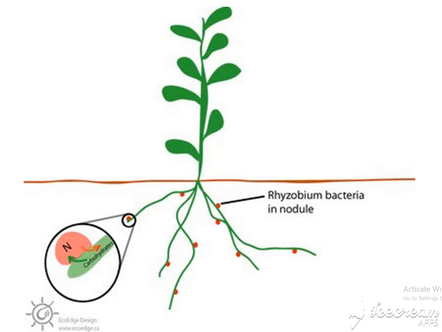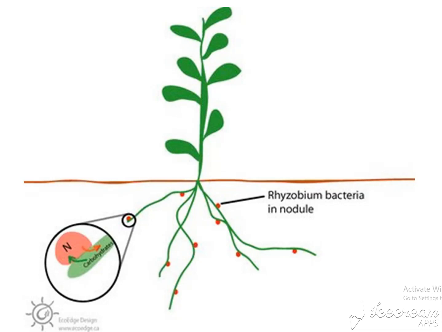That will be used by the plants. So the nitrates are taken up by the plants. Okay. This fixing of nitrogen is called nitrogen fixation.